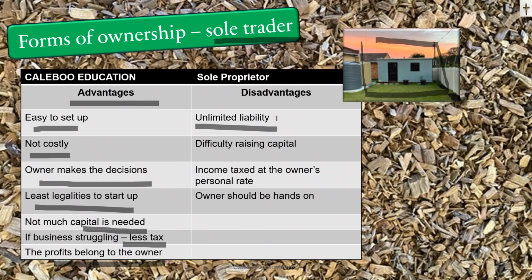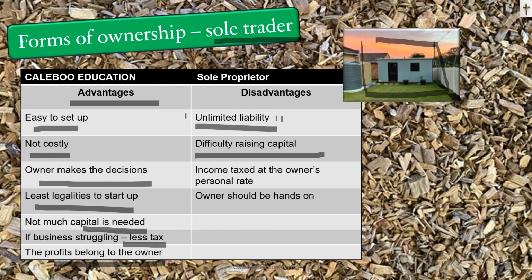Obviously these things can be negotiated, but generally speaking, a sole trader has unlimited liability. The owner can lose his or her possessions if the business fails.